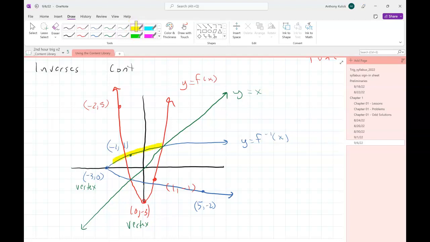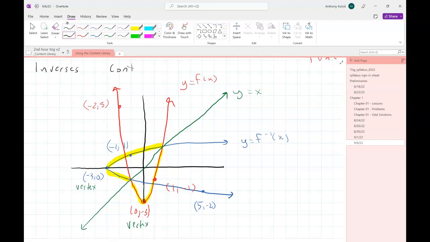Like if I look at this part of f inverse, that was this part of f reflected across that line. Et cetera, et cetera. So you can think about it either way. You can think about it as a reflection and draw the reflection. I don't like to do that. I think it's easier to just pick some coordinates, flop the coordinates, and sketch a new picture. But either approach is okay. Everybody's okay with that?